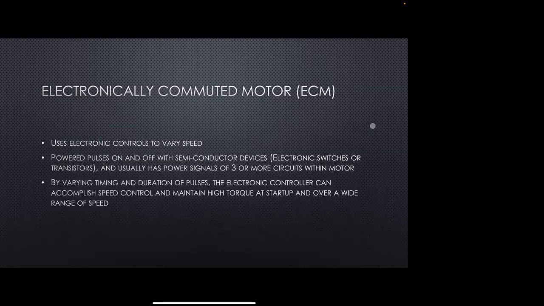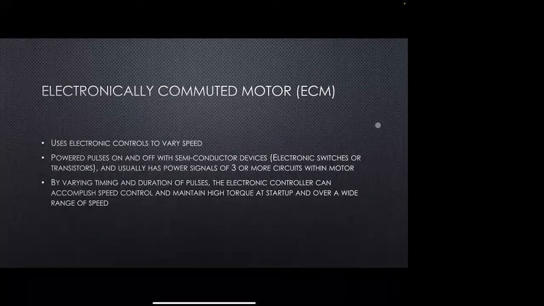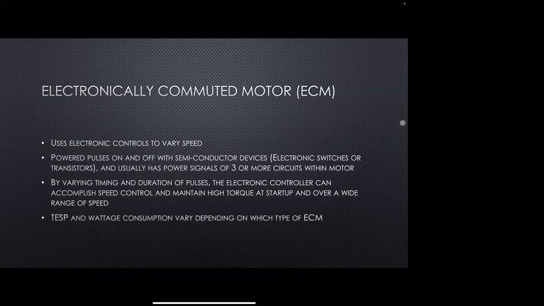By varying the timing and duration of those pulses, the electronic controller can accomplish speed control and maintain high torque at startup and over a wide range of speed. With this, the TESP, or total external static pressure, and the wattage consumption are going to vary depending on which type of ECM we have.